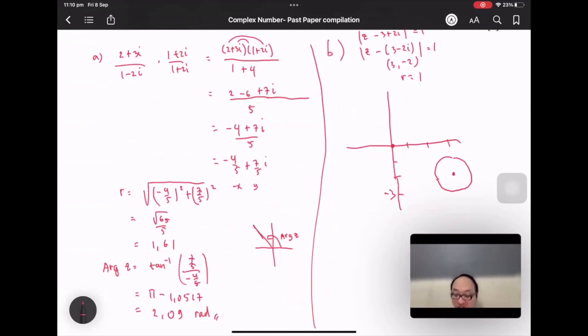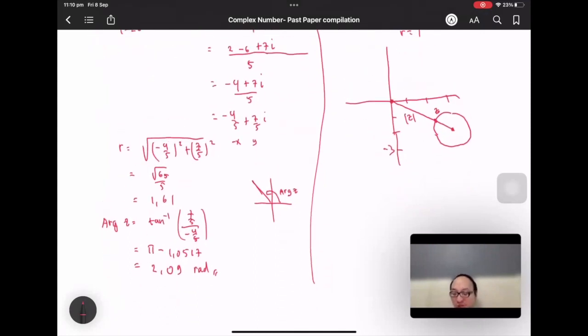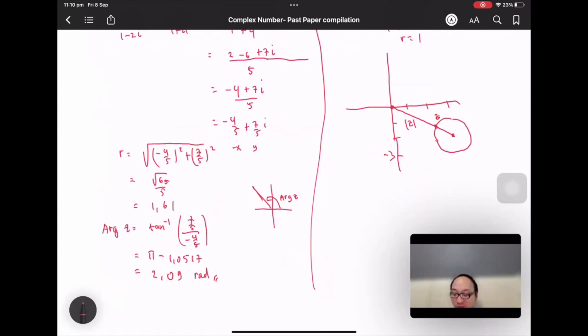So the shortest distance will be from here to the center. So this one. So this is the Z, and this line is the modulus of Z. So we have to find that value, yeah. We know that this is 2 and this is 3.